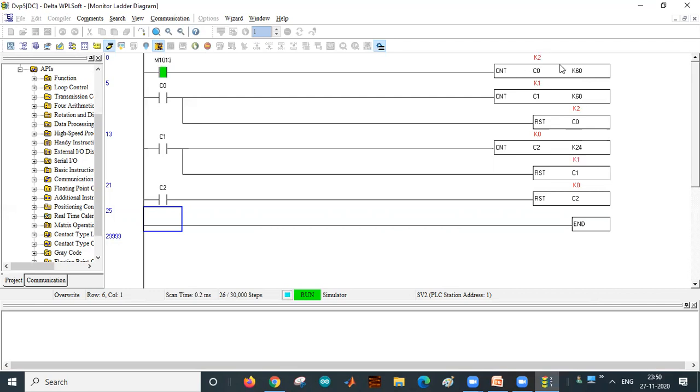See, whenever it reaches 60, C1 is incremented by 1. That means 1 minute is over. Now C0 has been reset and it is counting again. Again when 60 seconds is over, this will become 2. Okay.